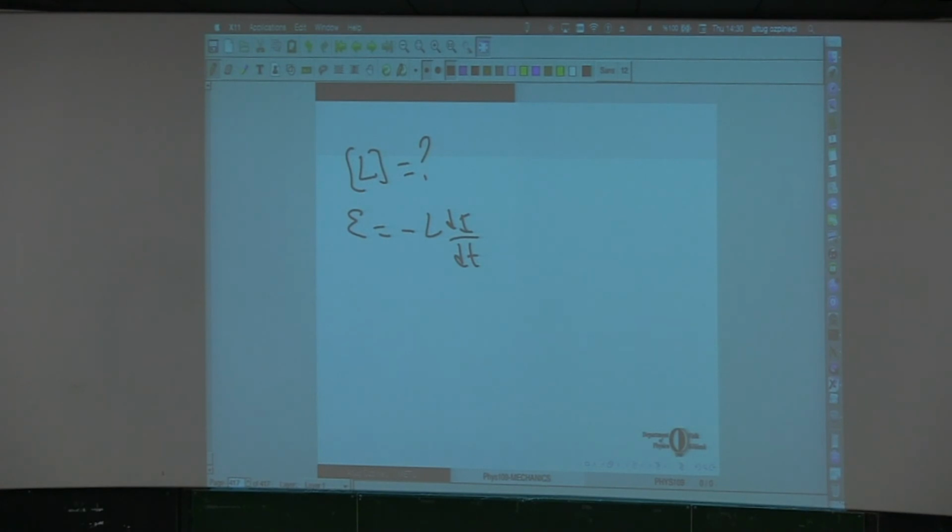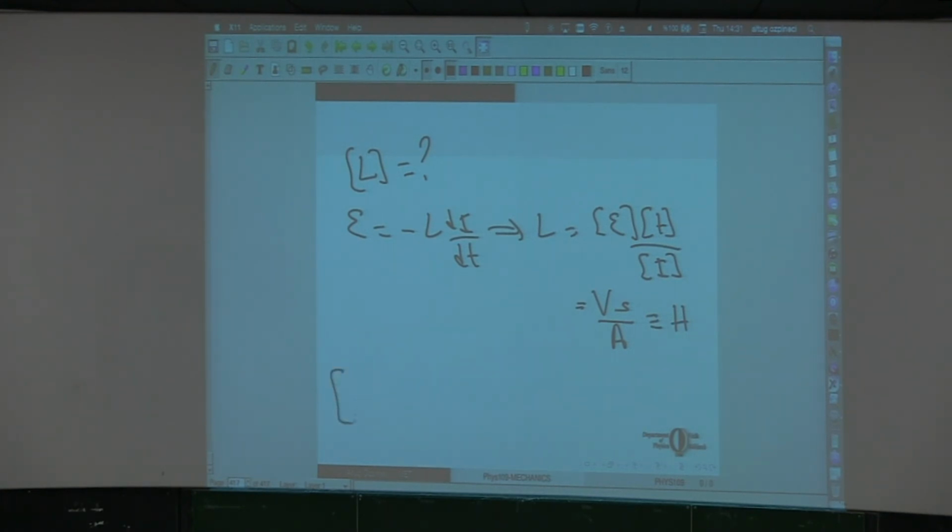From this equation, L is equal to the unit of epsilon times the unit of time divided by the unit of the current. What is the unit of epsilon? Is it volt or joule? What's the difference? Joule is energy, volt is energy per charge. What's the unit of time? I is ampere. This is what we call the Henry. This is the unit of L.